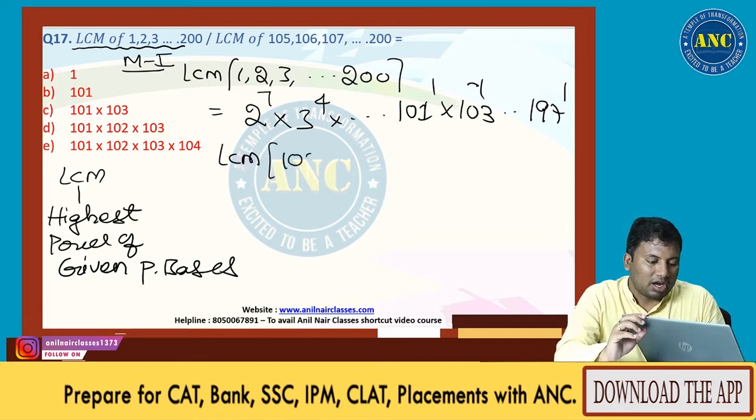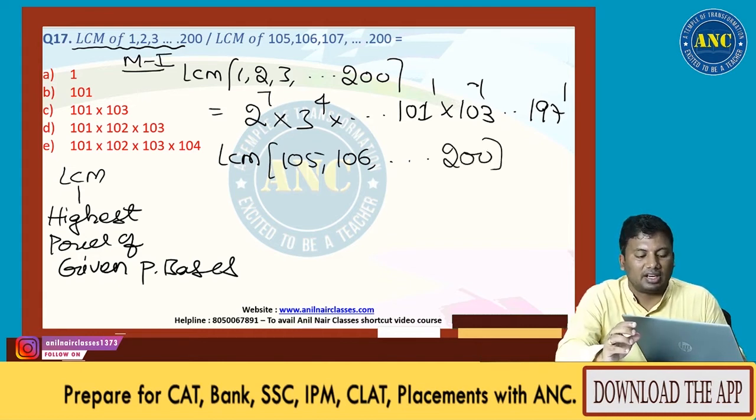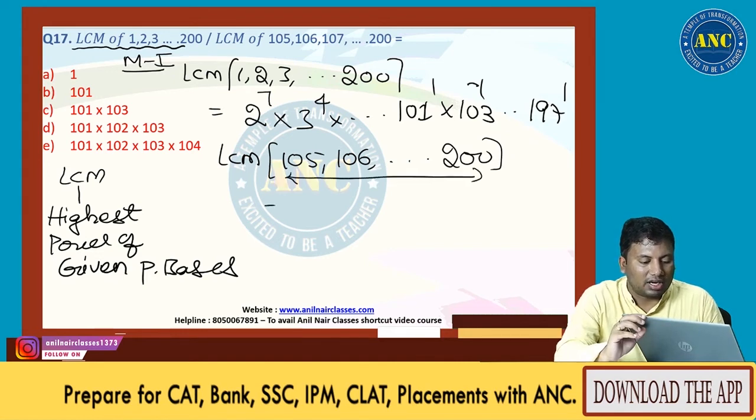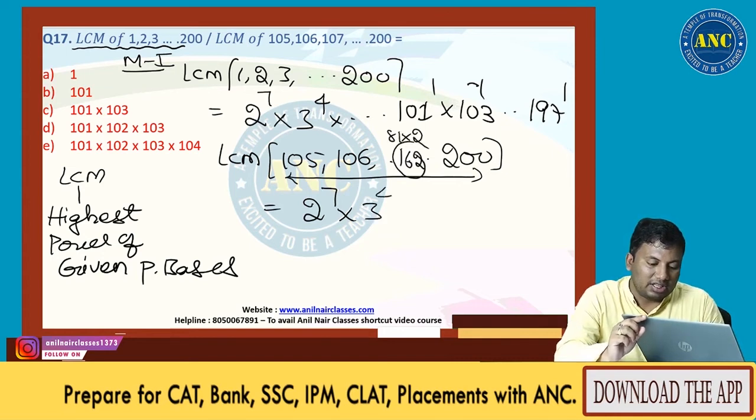LCM of 105, 106, 107 till 200. Now if you see 105 to 200, what are the cases that will come? Anyway, the highest power of 2, which is 128, is present in this set. Here it is 81, and 162 is nothing but 81 into 2, so it is present in this set.